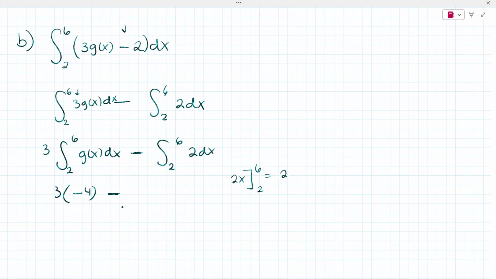So plug in the upper minus the lower. 2 times 6 is 12 minus 4, and 12 minus 4 is 8. Remember we were subtracting, so this is going to be 8. So 3 times -4 is -12 minus 8, which is -20.